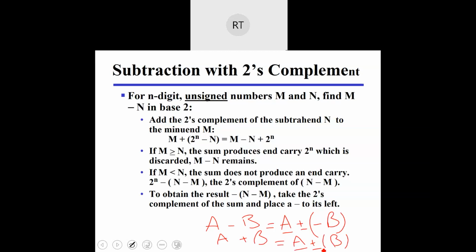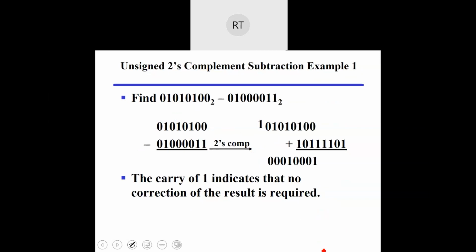Okay? How is it going to be subtracted if you have a number with 2's complement? So check this case, please. You have this number, they are unsigned, and this is also a number, and they are unsigned. But what's the plan here is that you are subtracting.